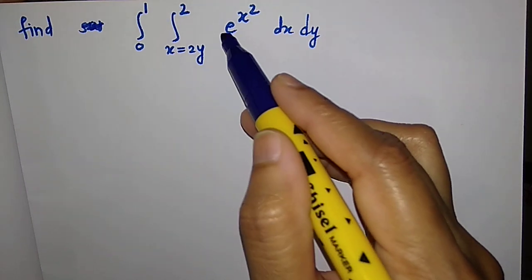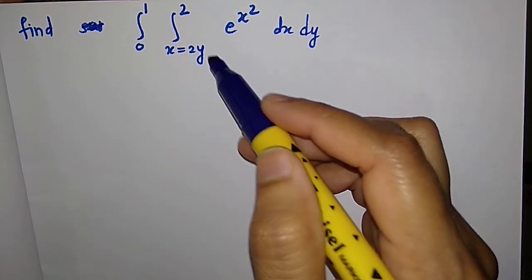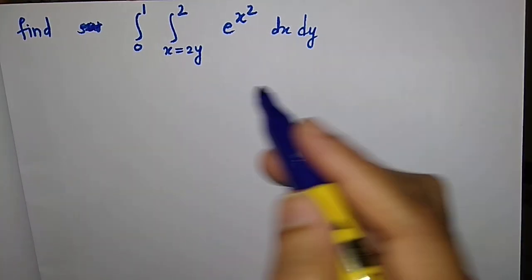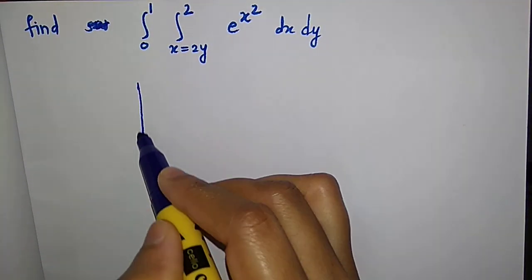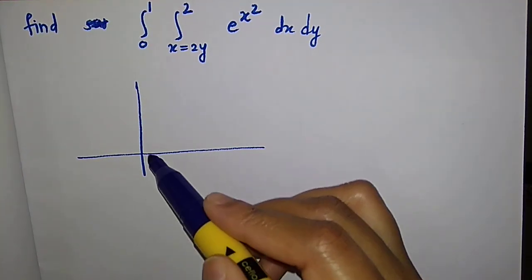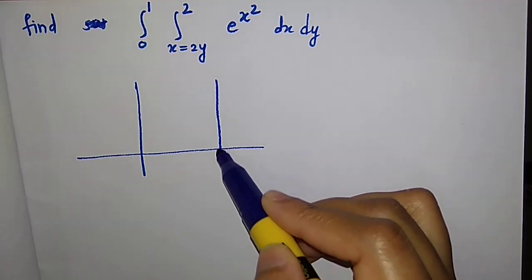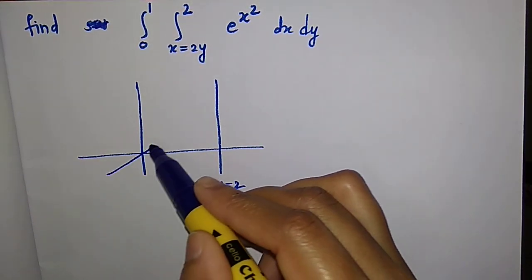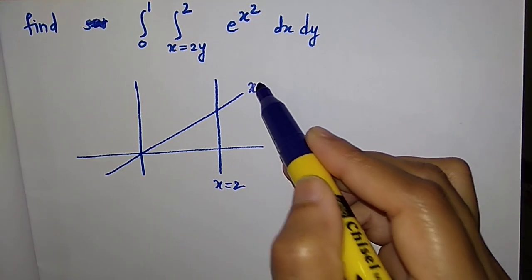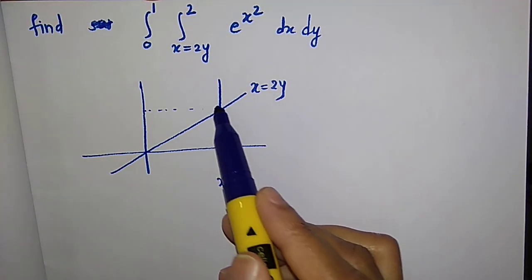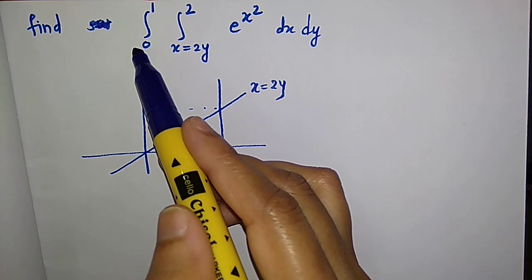Now we know that this e raised to x square we cannot integrate it directly, so we will change the order of this integration. So first write down the region. So x is equal to 2y and x is equal to 2. So let us say this is the line x equal to 2, and so x equal to 2y will be this, and here we have y varying from 0 to 1.